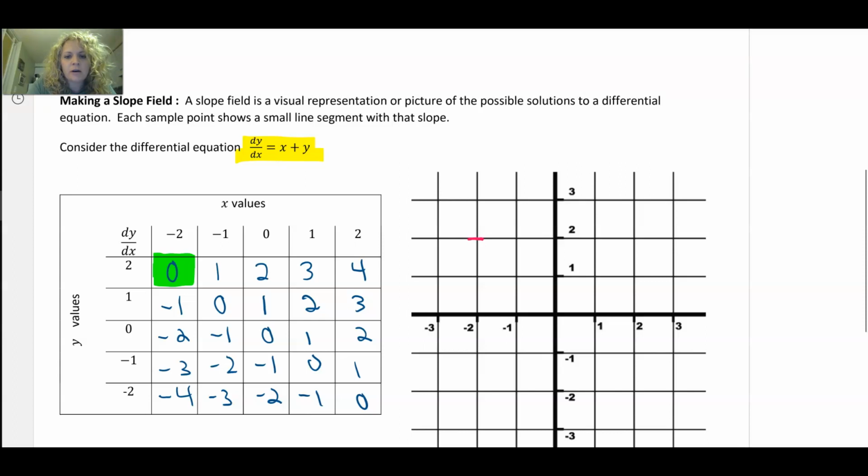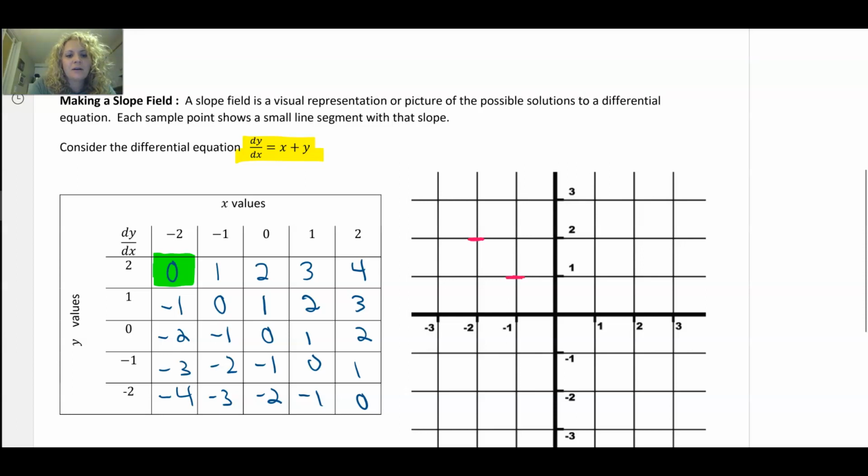So I'm going to draw at that point a little horizontal segment with a slope of 0. In fact, it might be easier to plot all of the zeros first. At the point (-1, 1), I'm also going to expect a 0.